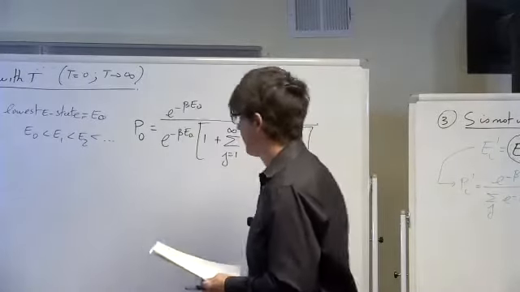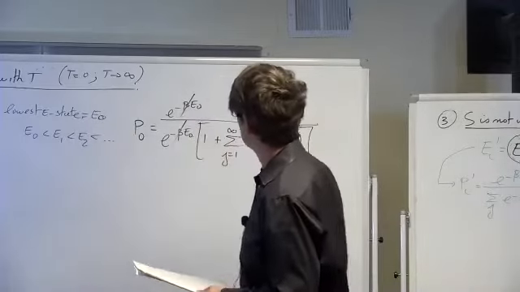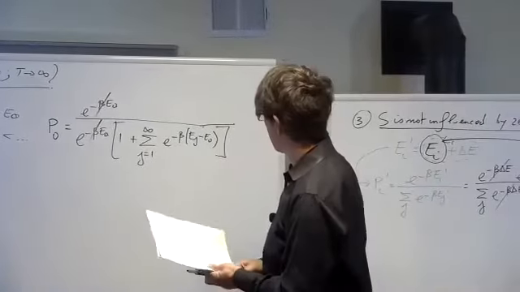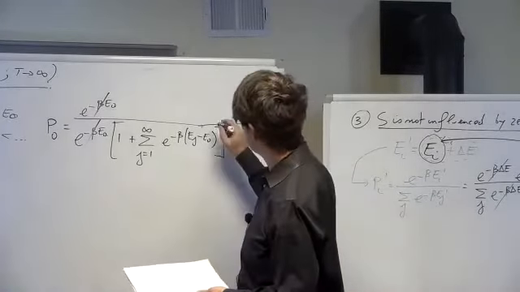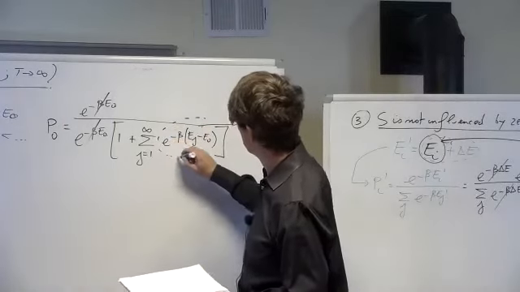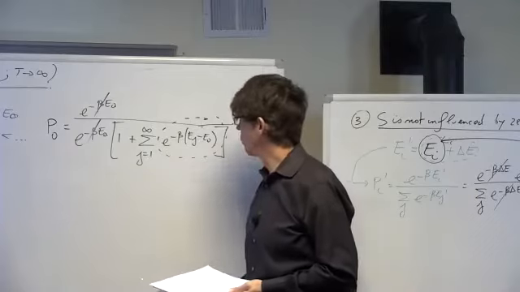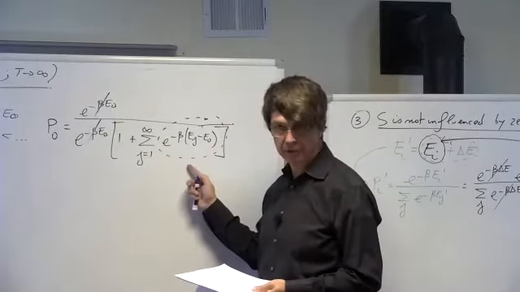Now let's look at that. Of course, this cancels, right? So what happens to this term here? Probably should give you a minute, right? What happens to these terms here as beta goes to infinity?